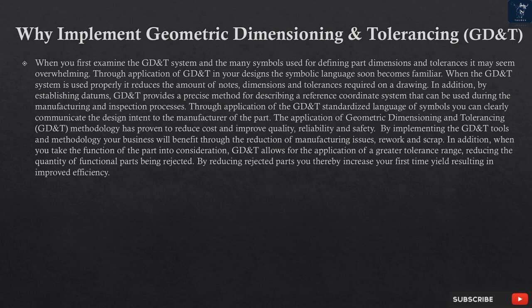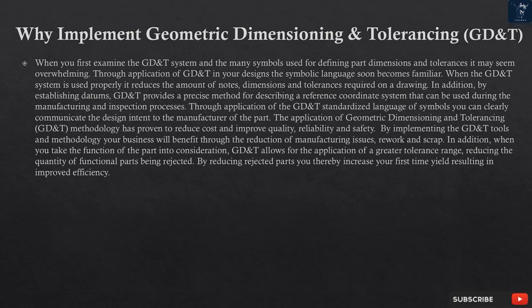Through application of the GD&T standardized language of symbols, you can clearly communicate the design intent to the manufacturer of the part. The application of geometric dimensioning and tolerancing, GD&T, methodology has proven to reduce cost and improve quality, reliability and safety.